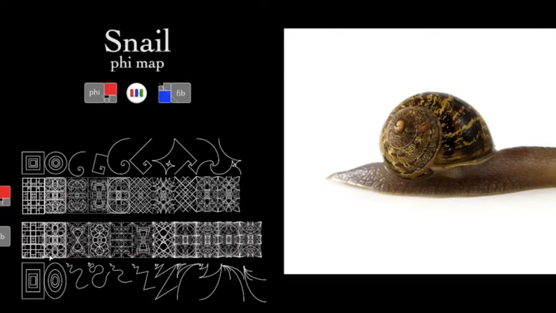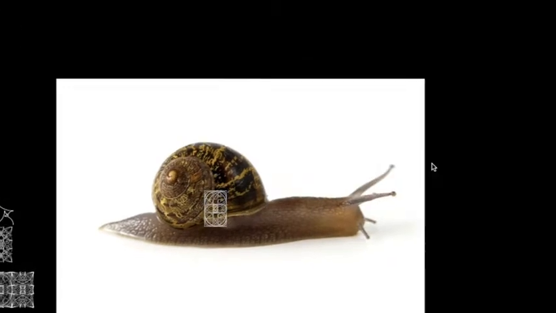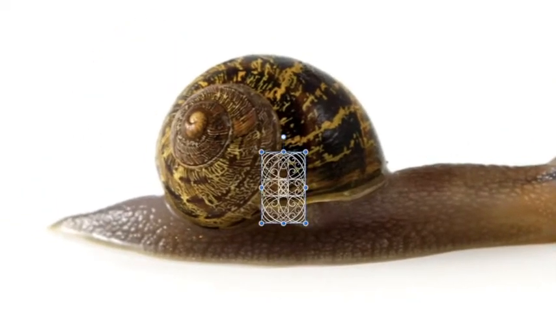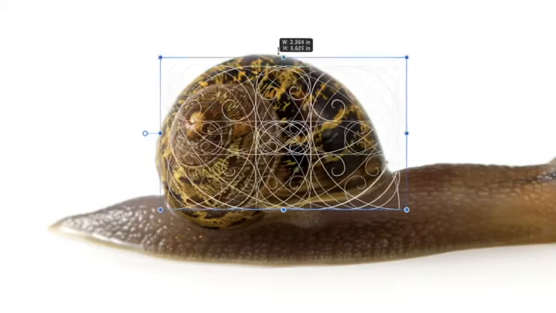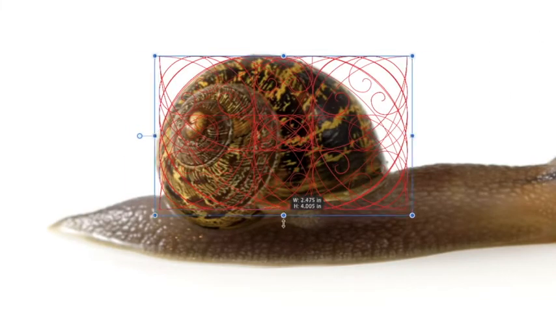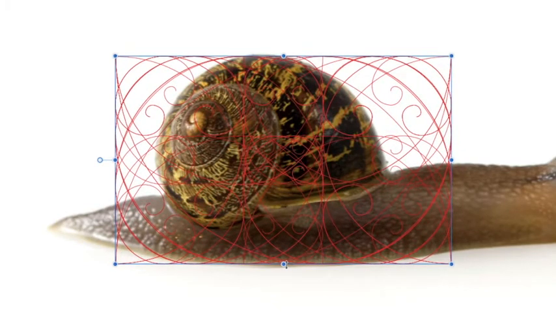Now let's try a map here. Let's try a basic, go with the classic phi map. This is the phi spiral. And it does a great deal of curvature, so it can be helpful for finding curves sometimes.